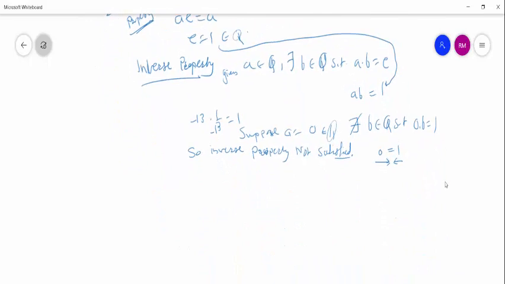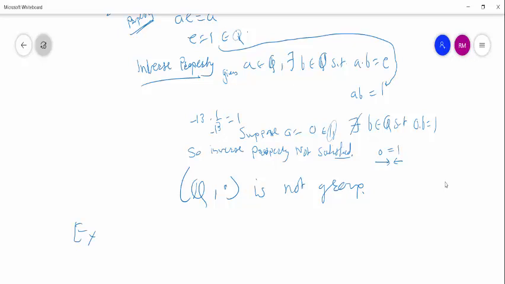So we can say that Q, the set of rational numbers, is not a group under the binary operation multiplication.